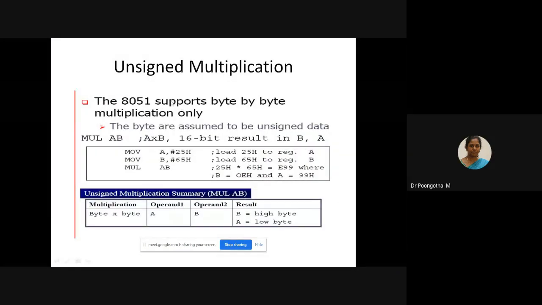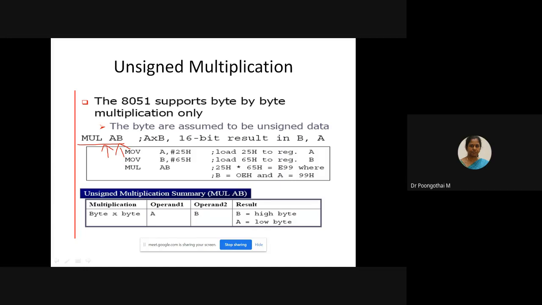So 8051 supports byte by byte multiplication only. So it will perform only 8-bit multiplication. MUL, this is the syntax, A into B. One of the operands must be in accumulator and another one must be in B register. Only this instruction works with accumulator and B register, not any other register. The syntax is MUL AB.